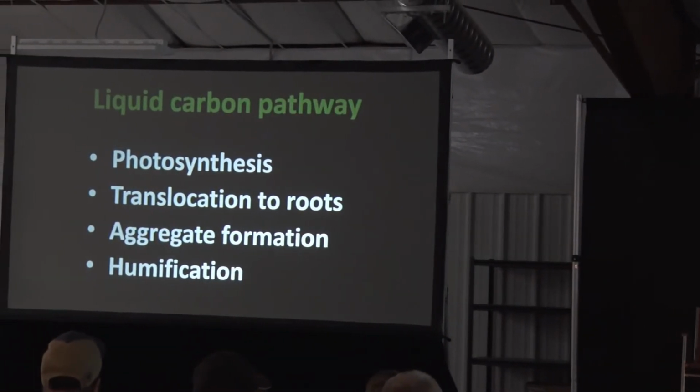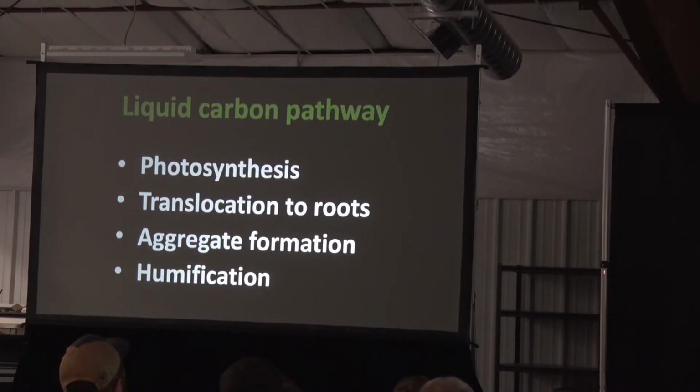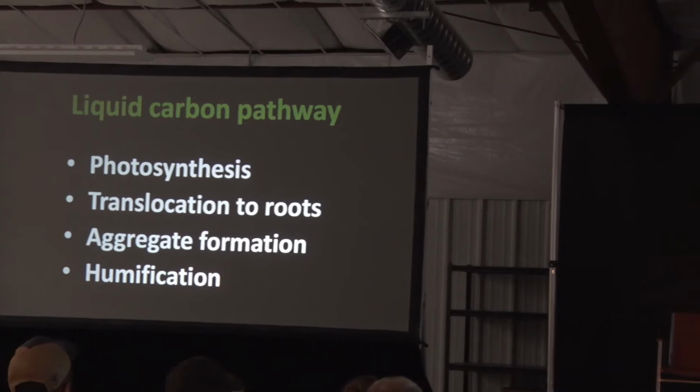So I call this the liquid carbon pathway. It starts with photosynthesis. We need to have things formed in the leaves translocated to the roots. Again, that will not happen to any great extent if you've put high analysis fertilisers under your seed. Why do you think that would be? So we're going to grow a green plant, it's going to photosynthesise, but then we put high analysis fertiliser under the seed.